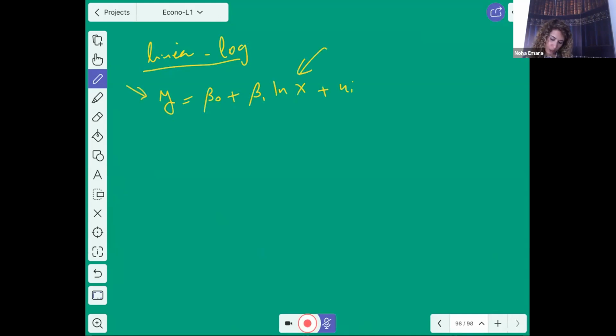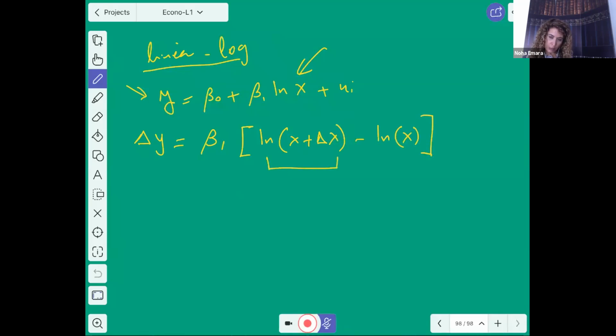So the change in y is equal to beta 1 times the log of x plus the change minus the log of x without the change, right? So this is the new x, x plus the change, and this is the old x.